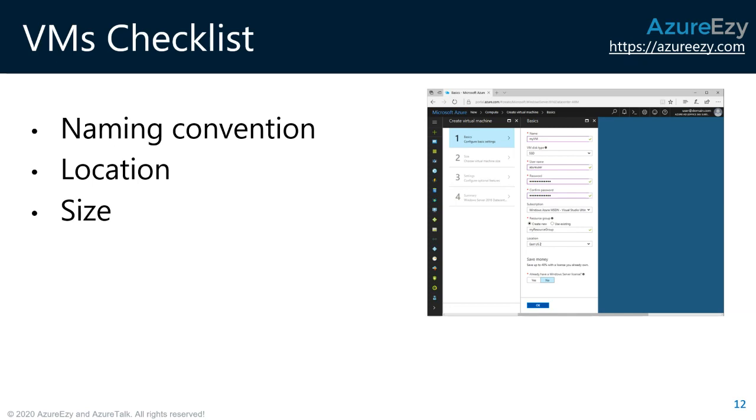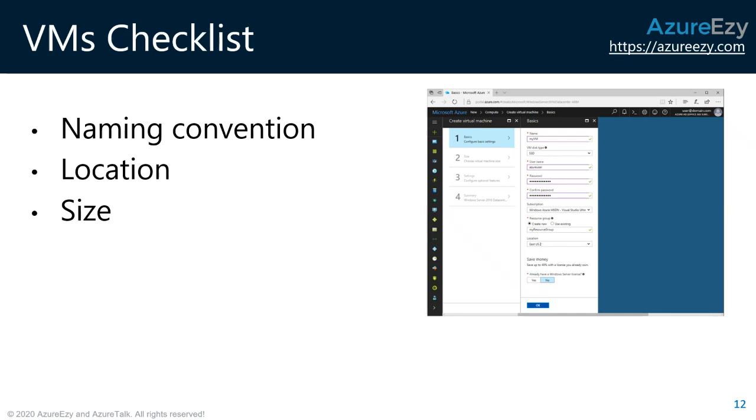But when you are talking about production, you have to consider what size is best for you, so that you don't pay more, you don't pay less, and you don't select a smaller resource than your application needs, so that your users always get errors and performance issues. Or you don't select an oversized resource.